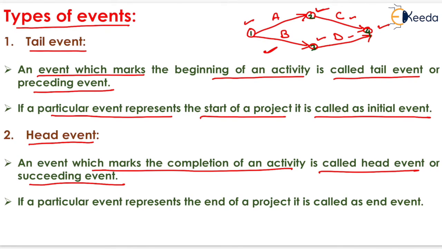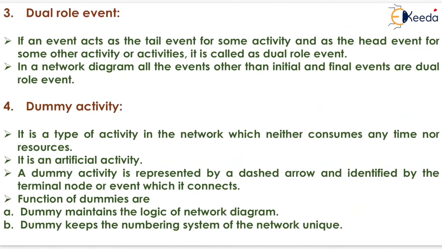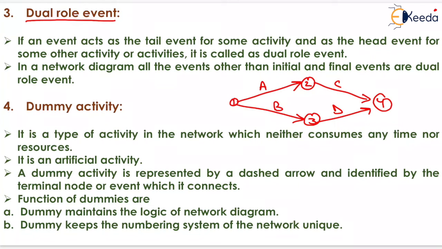If a particular event represents the end of a project, it is called the end event. Now here, event 4 represents the end of the project, so it is known as the end event or final event of the project. Now the next one is the dual role event. If an event acts as the tail event for some activity and as the head event for some other activity, it is called a dual role event.